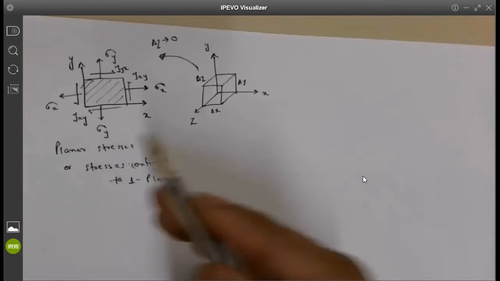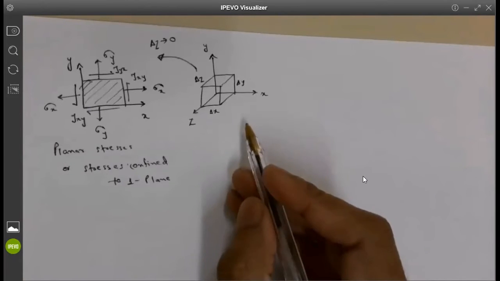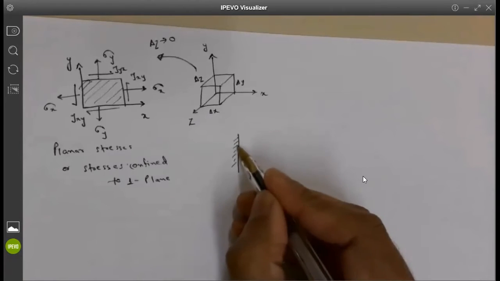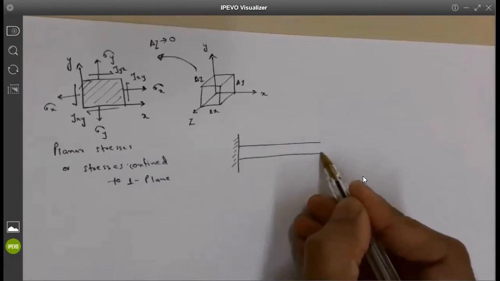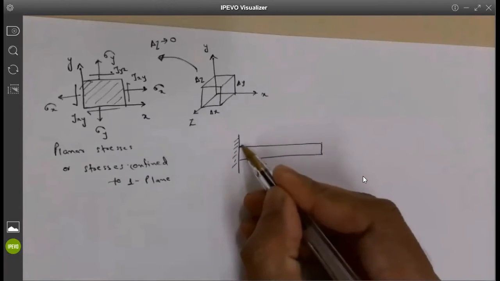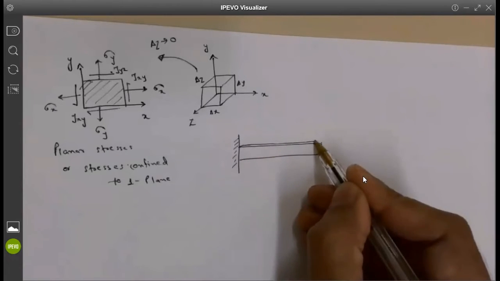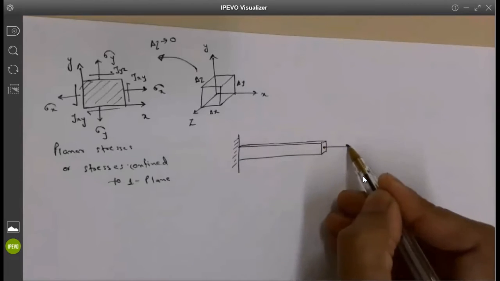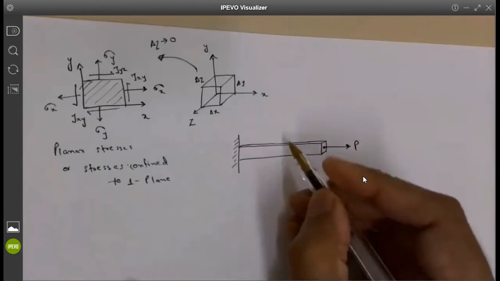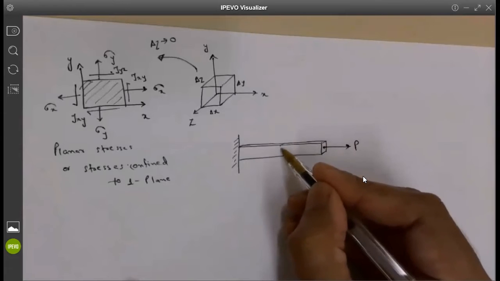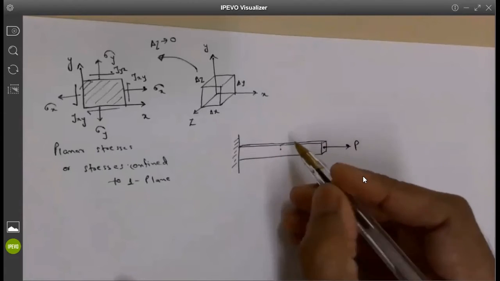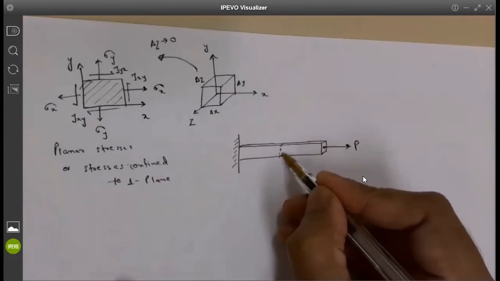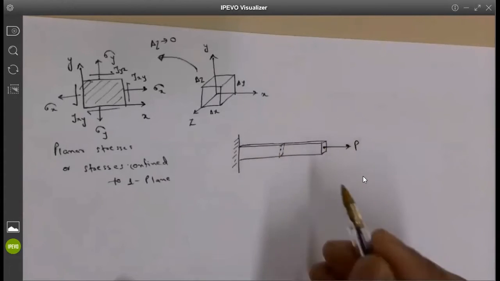Just to relate it with a specific example, we basically deal with a very thin bar which is fixed at one edge, and I apply a load P. When I'm looking at a stress at one point, generally stresses are defined at one point, but since this is prismatic, at any point in this specific cross section, the stresses will be the same.